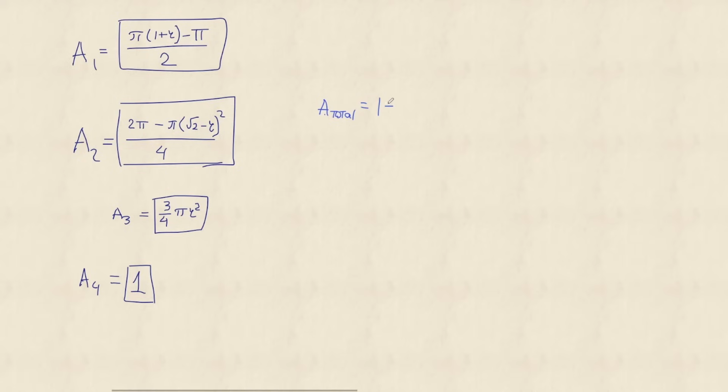So let's start with 1 plus pi times (1 plus r) minus pi over 2, plus 2 pi minus pi times (square root of 2 minus r) squared, everything over 4, and plus 3/4 pi r squared.